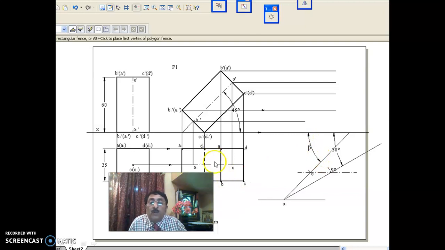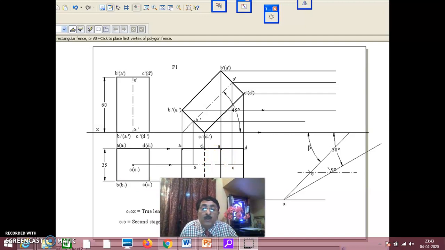Now this top view, that is the second stage top view, should be tilted in such a way that O1 O should be inclined at beta to XY line or VP, so that the true length of the axis is inclined at 30 degrees to VP. Is it okay?